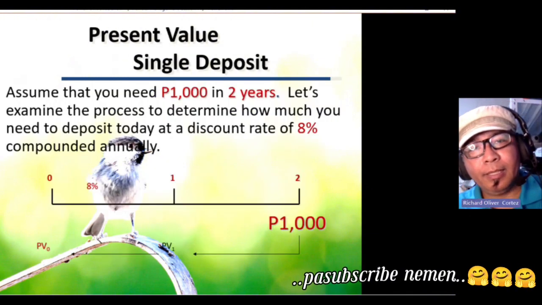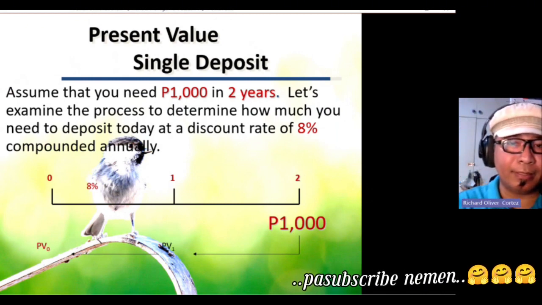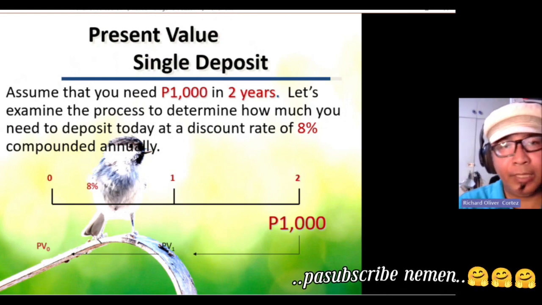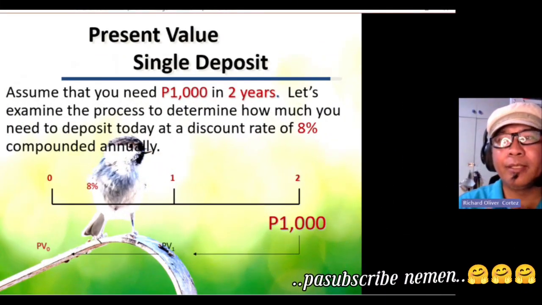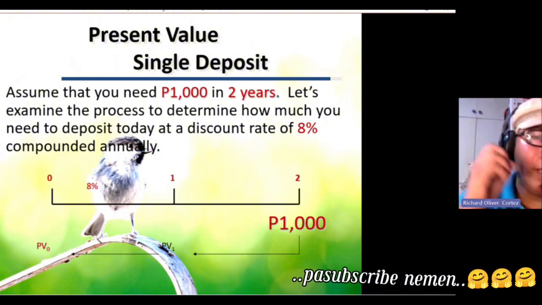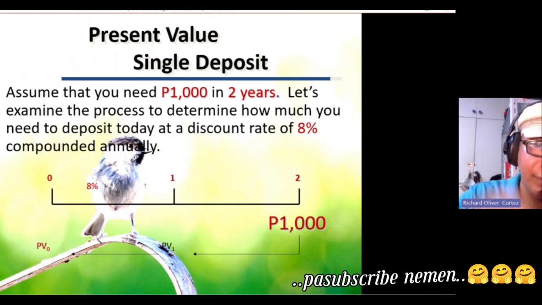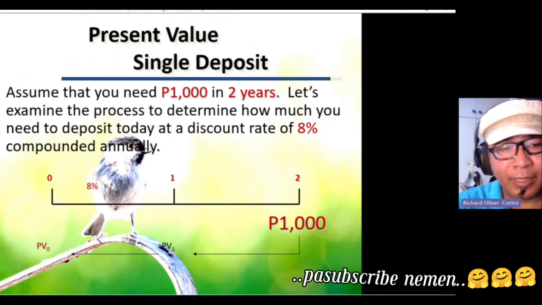Ito naman yung ito naman na iba. Yung kanina, sa ating mga previous slides, ang hinahanap natin doon ay future value or compound. Sabihin, yung pera mo, magkano siya after 5 years. That is the future value. Yun ang pinag-usapan natin sa mga previous slide.